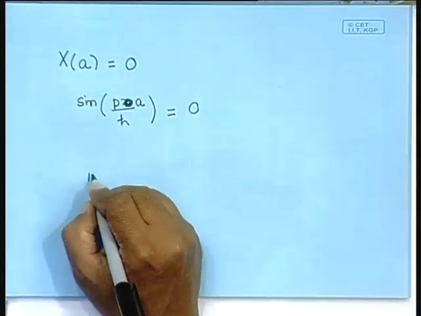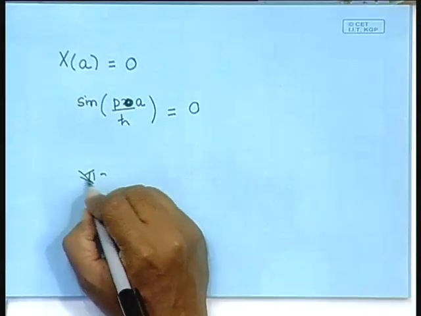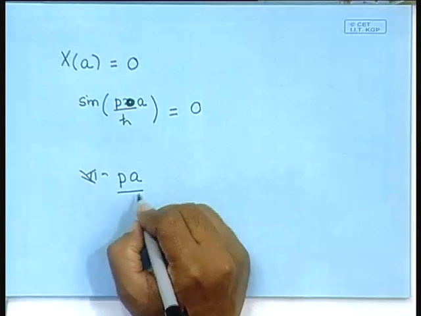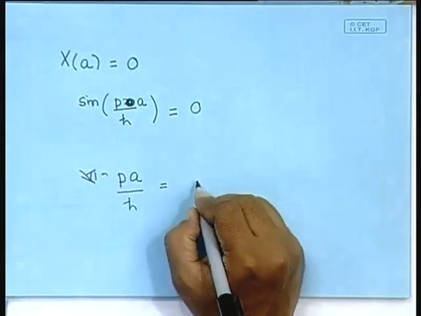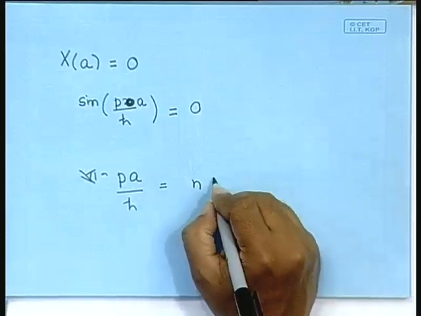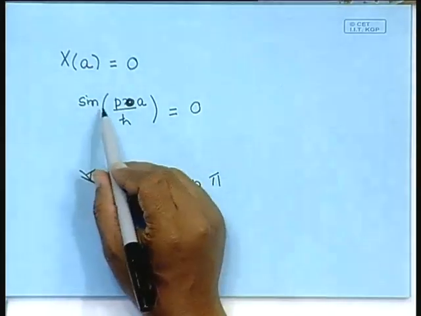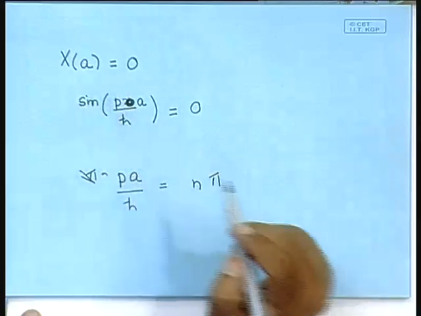So, this function is going to vanish whenever pa by h cross is equal to an integer multiple n into pi. If this condition is satisfied, this wave function is going to vanish at the boundary x is equal to a.